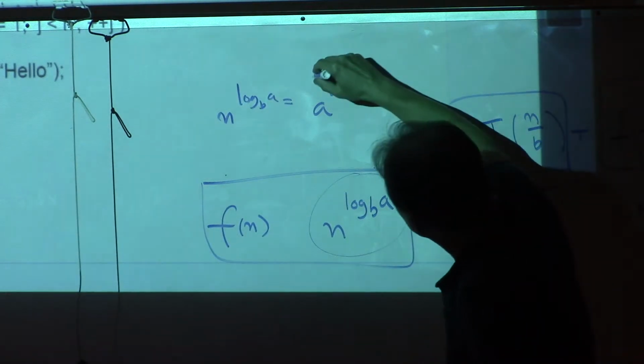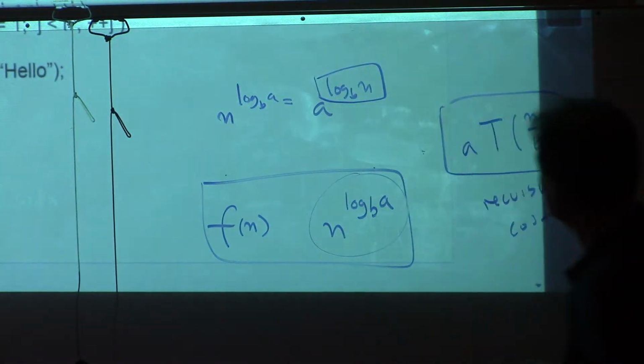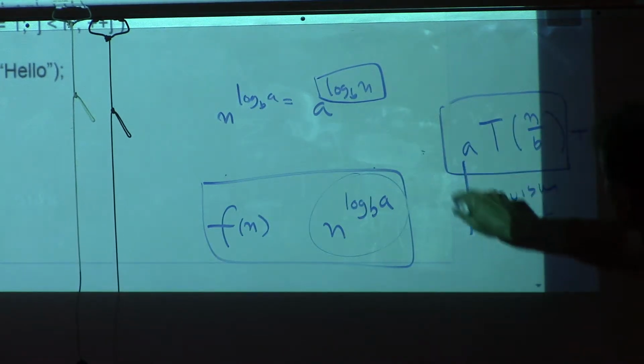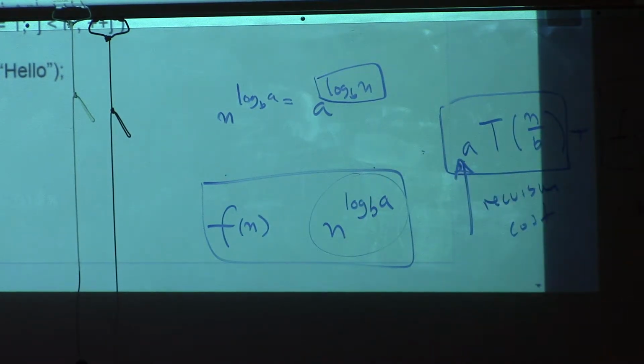Because if you look at the master theorem, what does the A represent in terms of the recursion tree? If we have the first level, level 0, what does A demonstrate? More specifically.